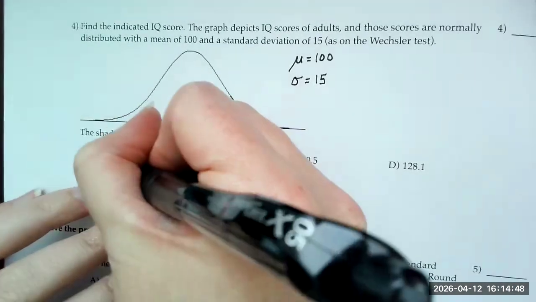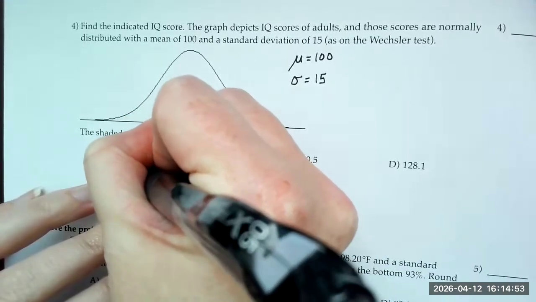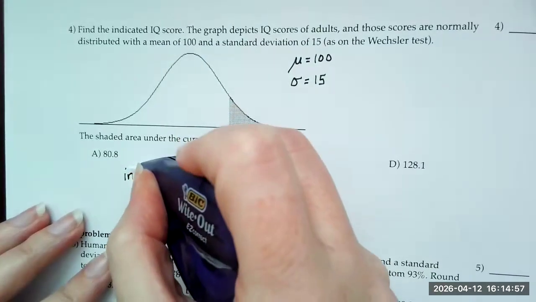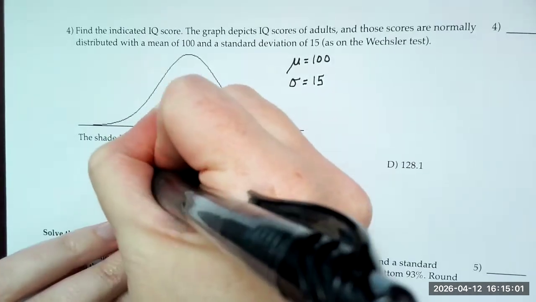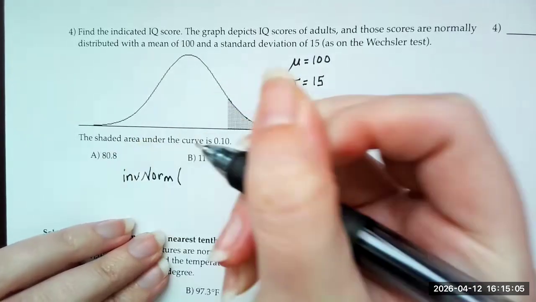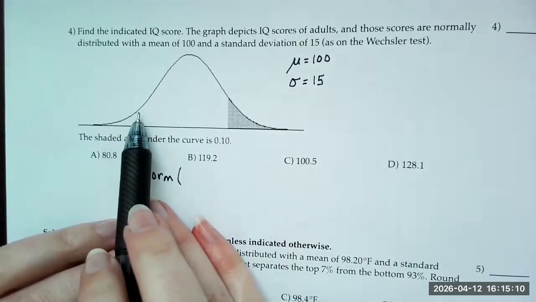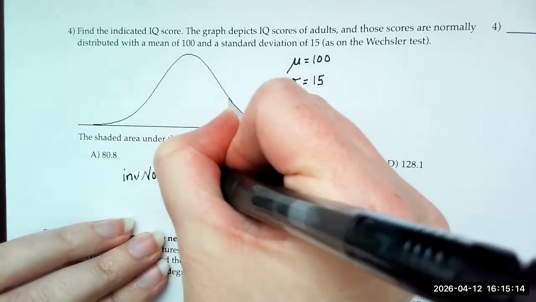So if we want the 90th percentile, we're going to use the inverse norm. And we're not going to use the 10th percentile because that would mean that I was over here and it was this tail. I want inverse norm for the 90th percentile.